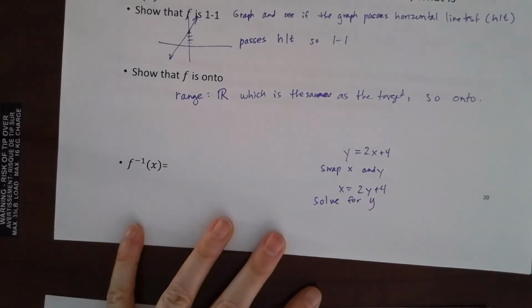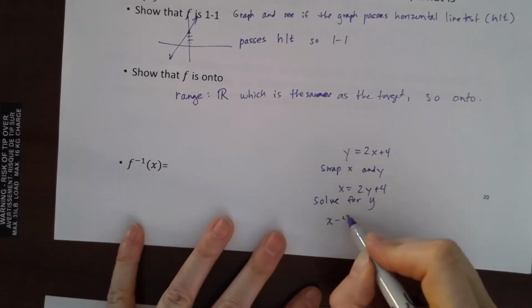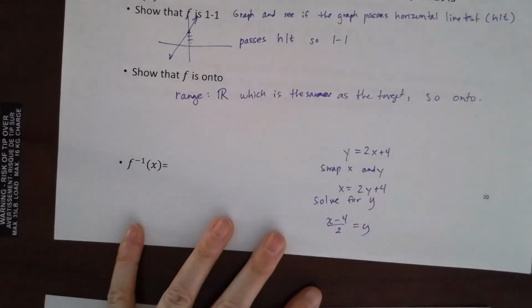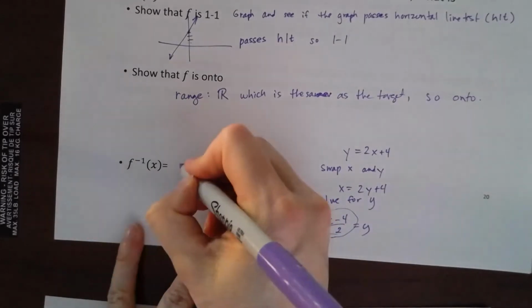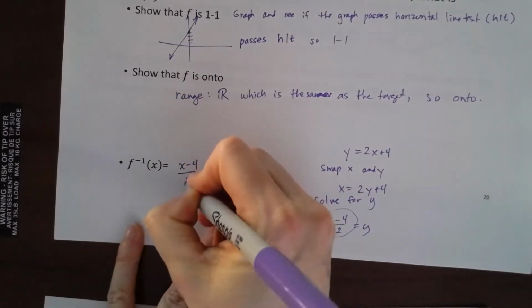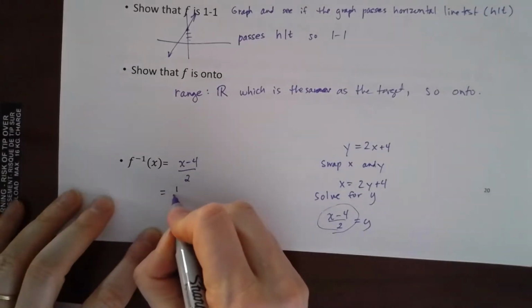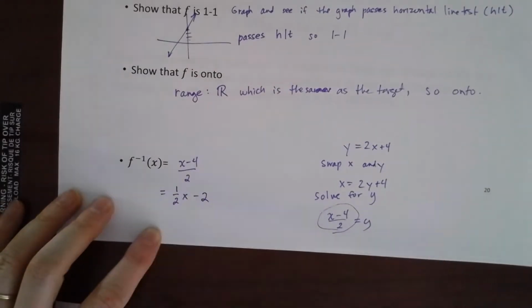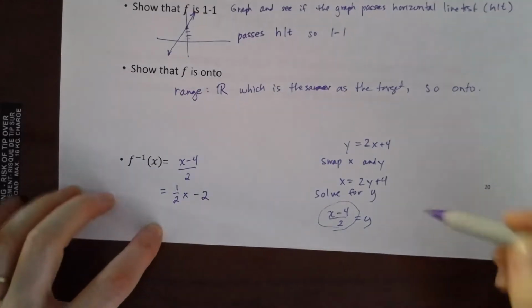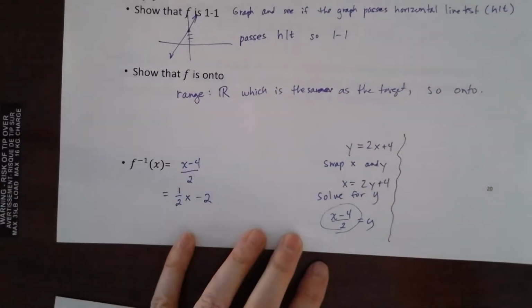If we solve for y, we get (x minus 4) over 2 is y. Whatever expression you get here, that's your inverse. So (x minus 4) over 2, or if you wanted to write that so that it looked like a line, you could write that as 1/2 x minus 2. Okay, so that's option 1.